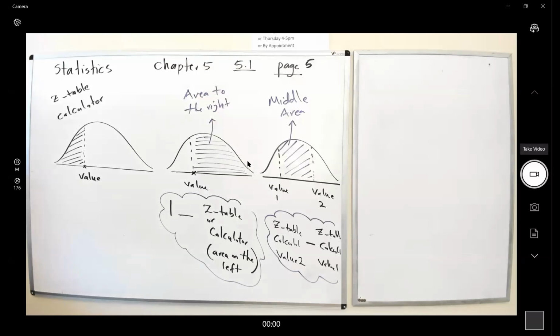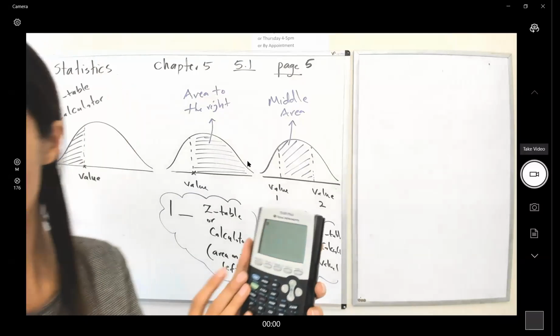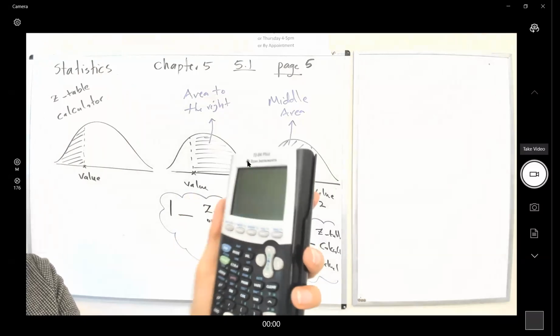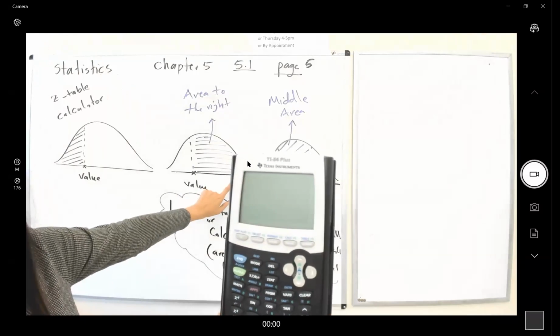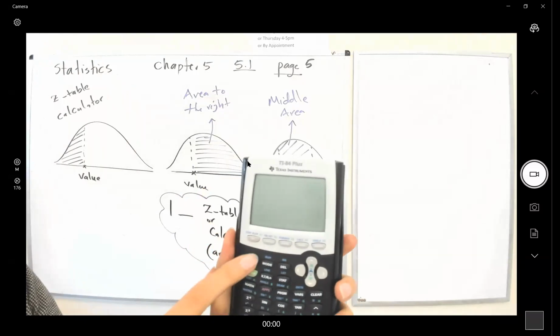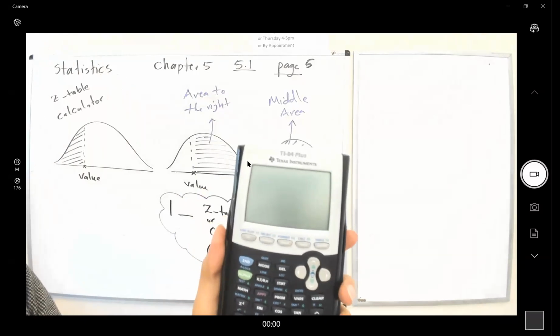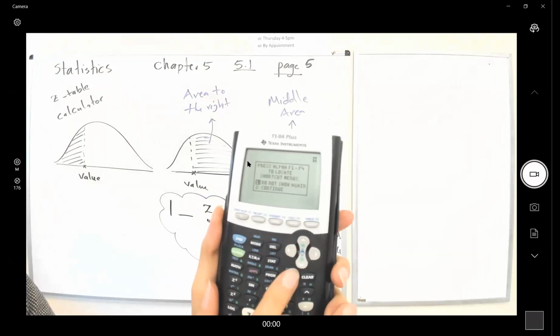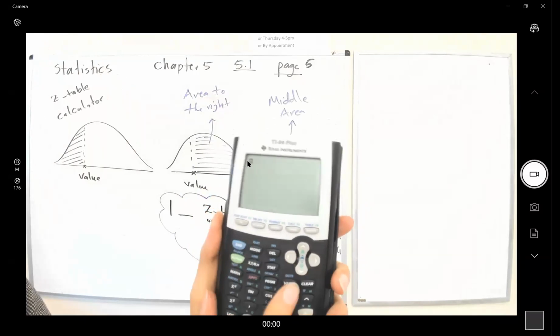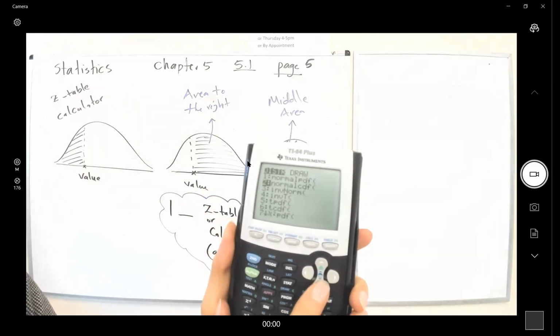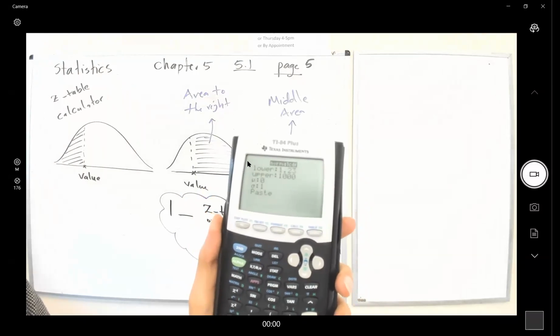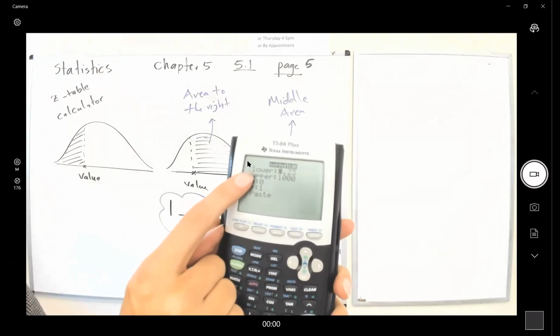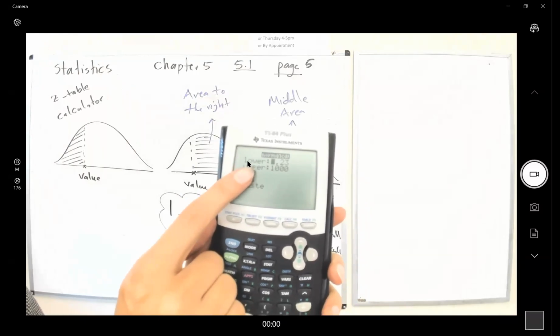So how do we use our calculator to directly find the area to the right-hand side of 1.23? Turn on your calculator. Second, VARS, and normal CDF. Now your lower limit is 1.23.